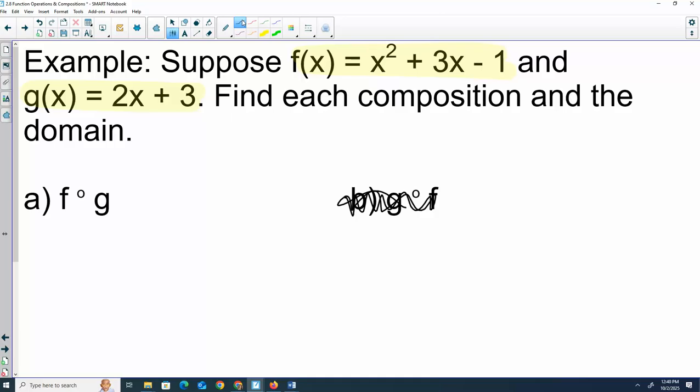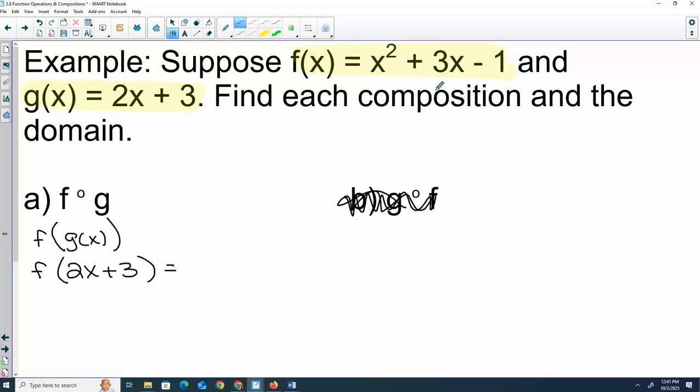If I ask for f composed with g, so that's f of g of x, starting on the inside, g is 2x plus 3.